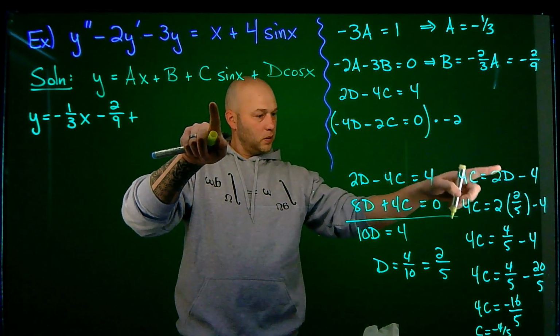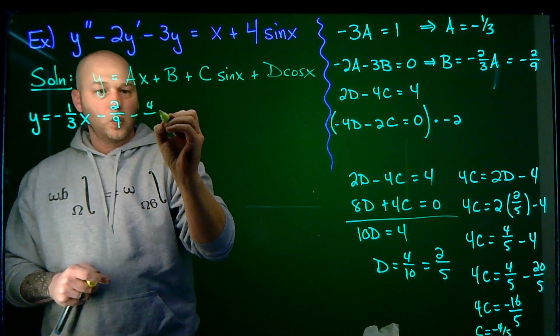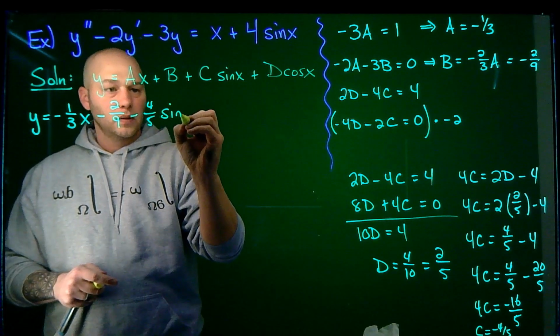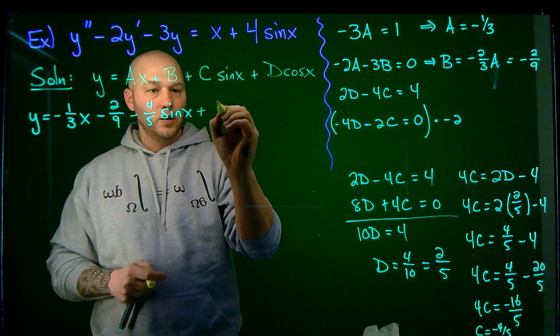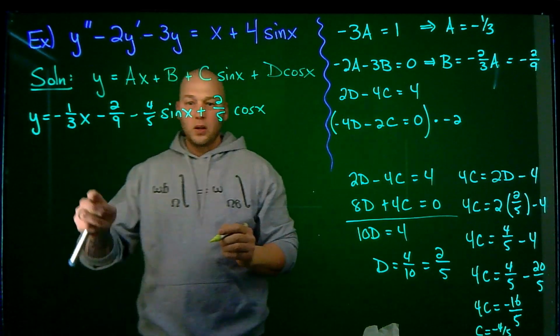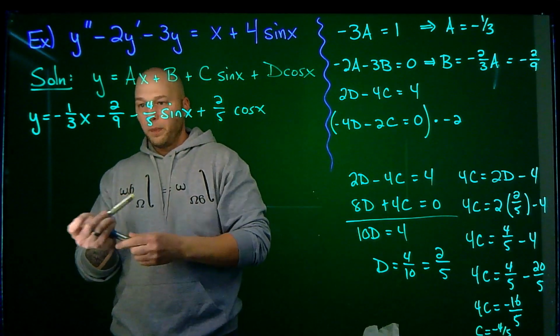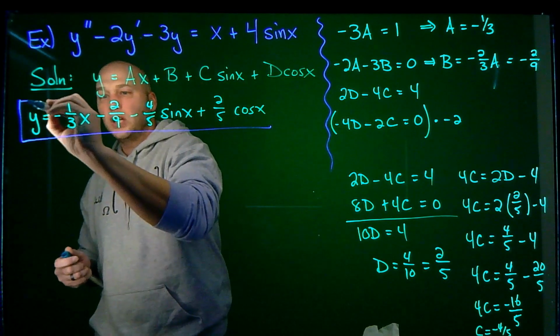C was negative 4/5, so I'll make this a negative 4/5 sine of x, and then plus d cosine. D was 2/5, so this is plus 2/5 cosine x. So this right here would be the part of the solution that corresponds to the non-homogeneous portion.